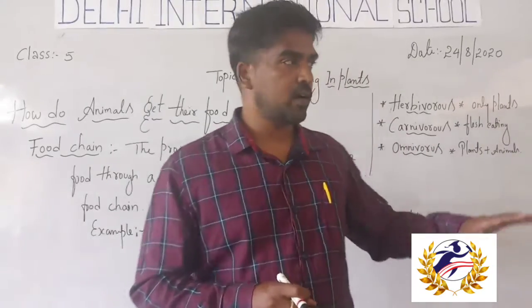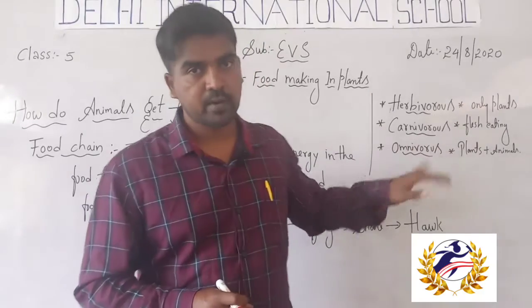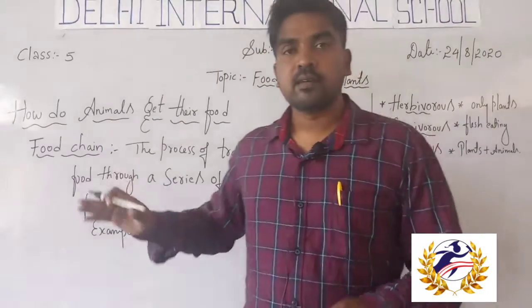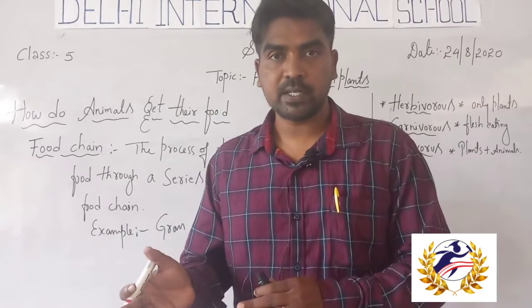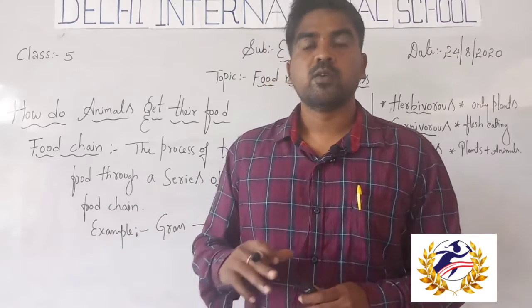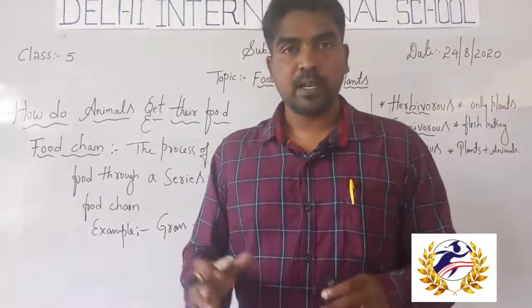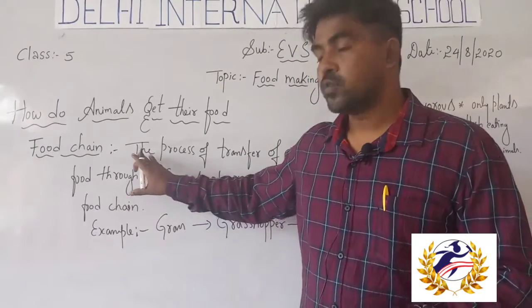Just like animals are categorized as herbivore, carnivore and omnivore, in a food chain animals depend on other animals or on plants to get energy and to survive. This process is called food chain.